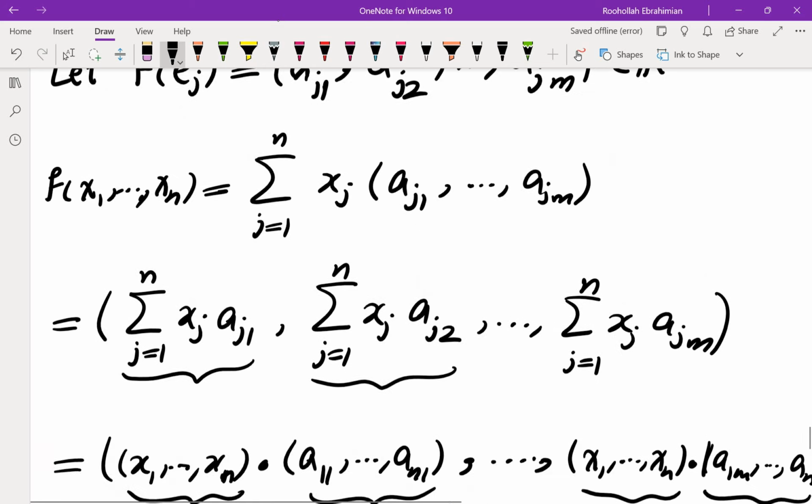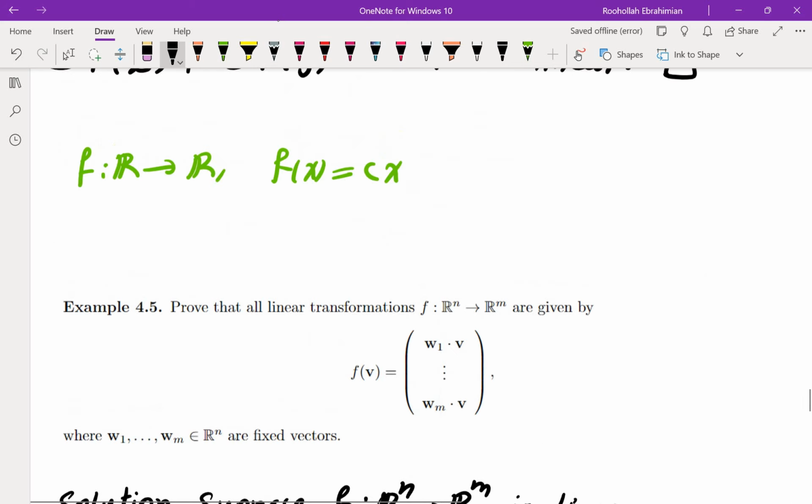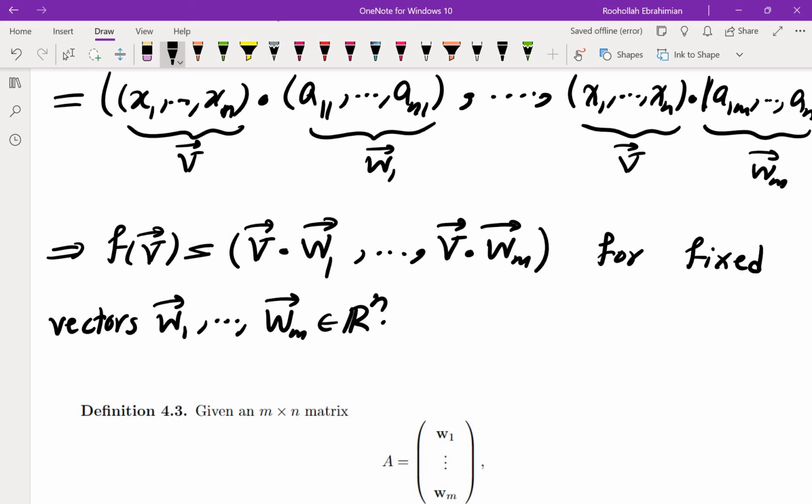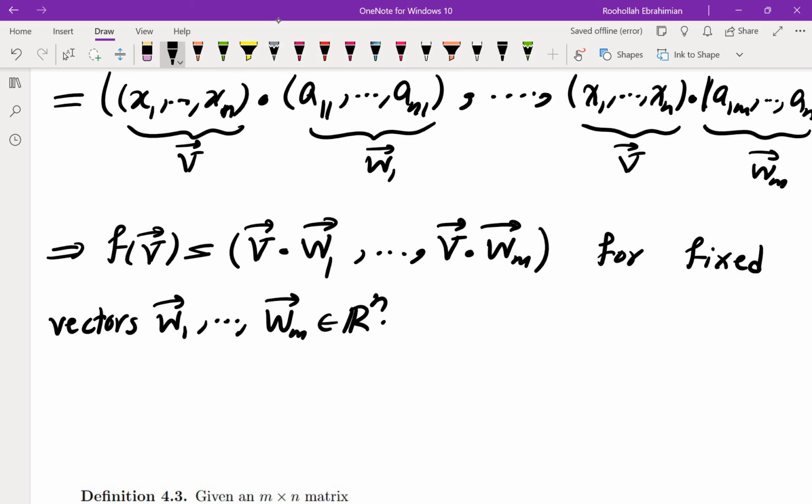Now, the way I wrote it down was as columns, but it doesn't really matter. So I just showed that every linear transformation has coordinates that are dot products, and this is also linear because dot products are linear. I basically went over that for the case of R3 to R2, and it would be similar.